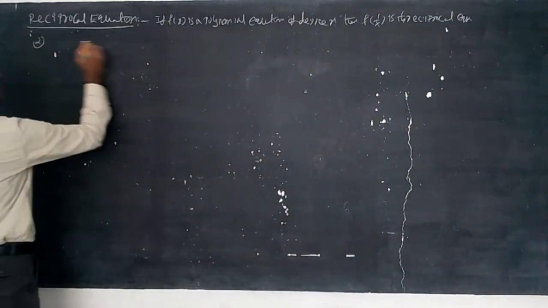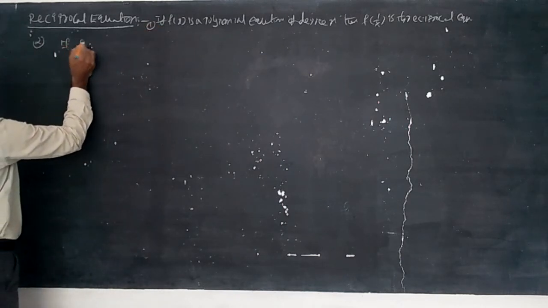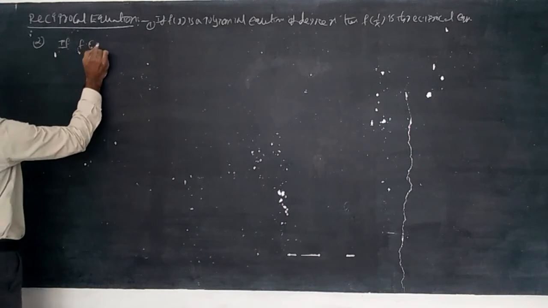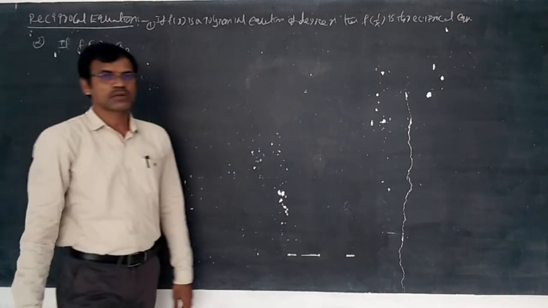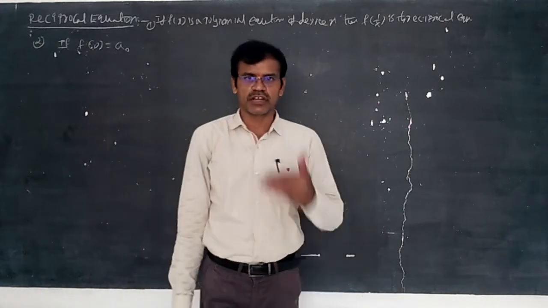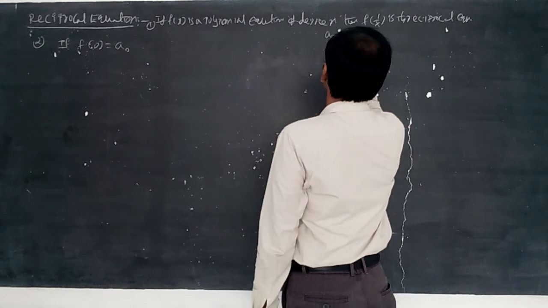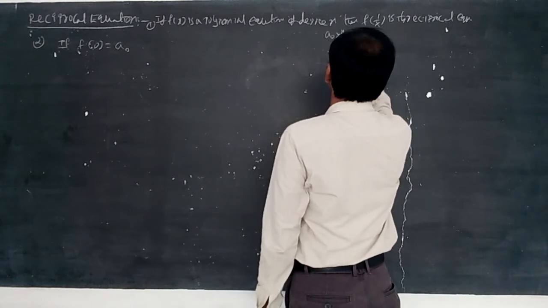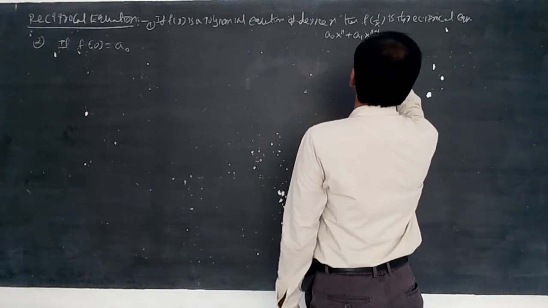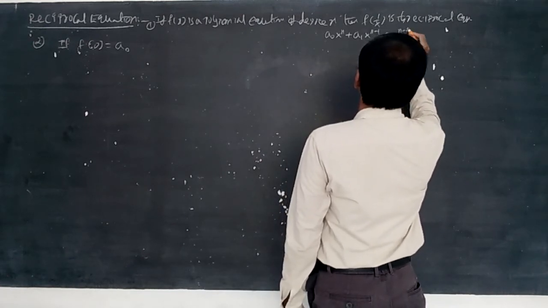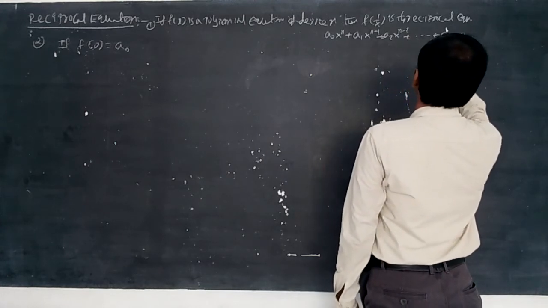Next, second point. This is the first point. If f of 0 is equal to a naught, a naught means the leading coefficient, a naught x power n. Here I am writing a naught x power n plus a1 x power n minus 1 plus a2 x power n minus 2 plus so on an equal to 0.